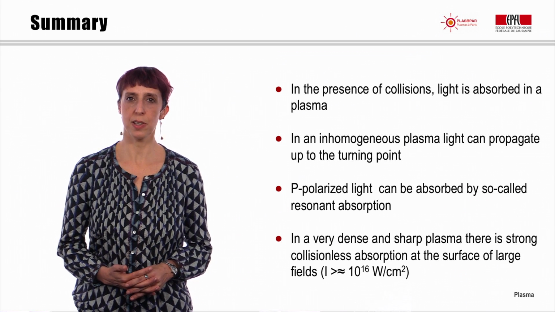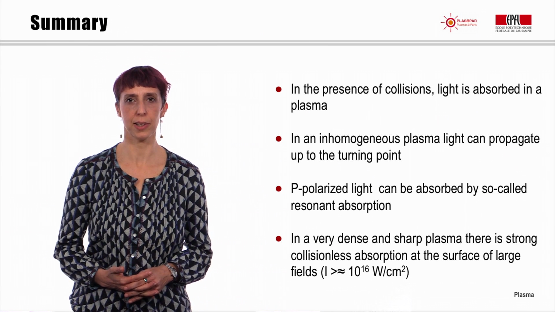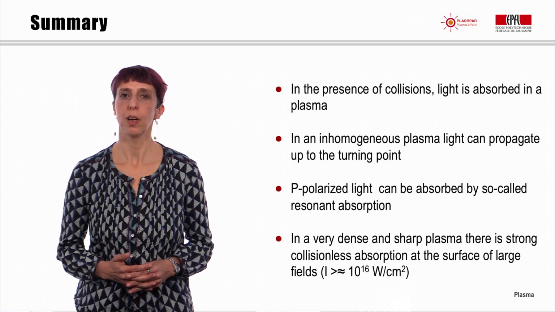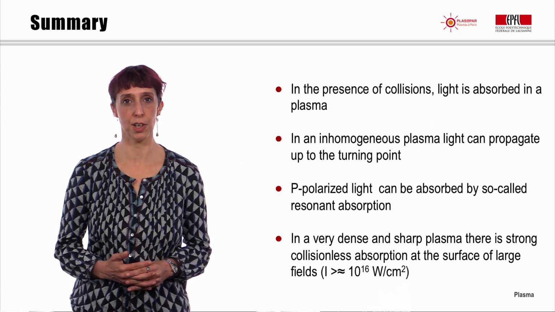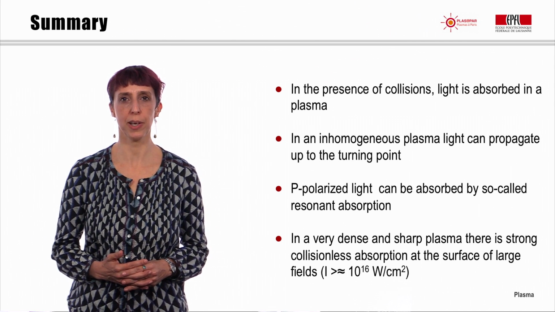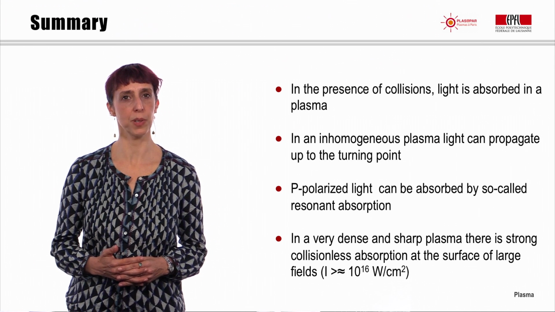We have seen that there is a collisionless absorption process for p-polarized light at the critical density. This is called resonant absorption. Finally, we have seen that if the electromagnetic fields are very large, light can be partially or totally absorbed by collisionless mechanisms at the plasma surface, in an overdense plasma with a sharp density gradient.